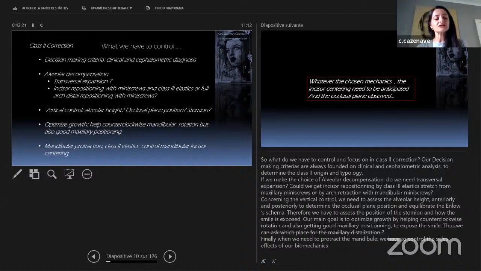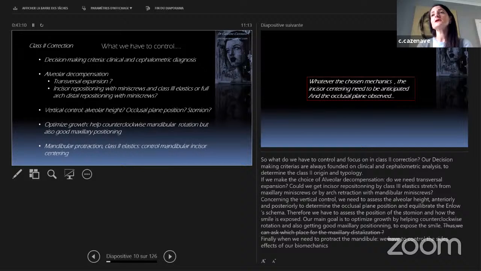And it's not only a question of maxillary transverse deficiency, but it also depends on your repositioning goals, because the more you have to distalize the lower molars towards the posterior alveolar area and the angles, the more you increase the intermolar width. So you might anticipate to avoid the operation of a crossbite. Could we get incisor repositioning by class 3 elastic stretch from maxillary mini screws or by arch retraction with mandibular mini screws?